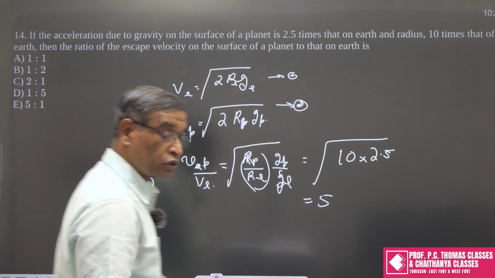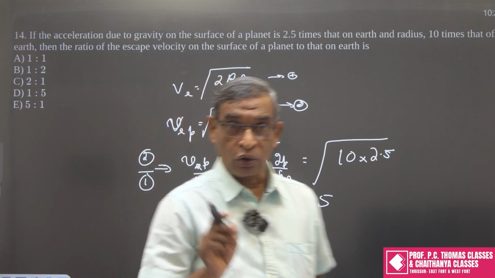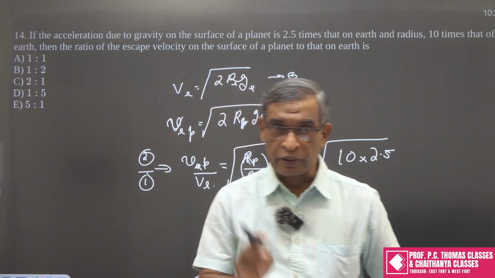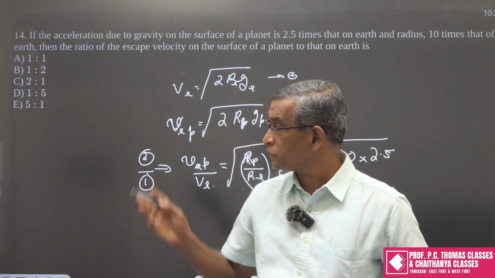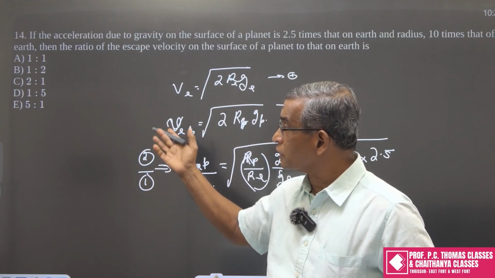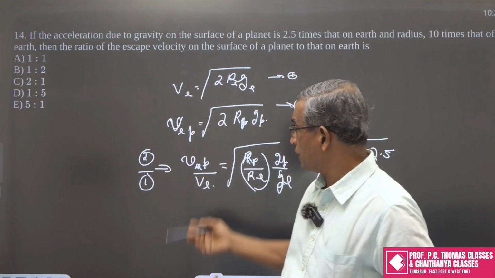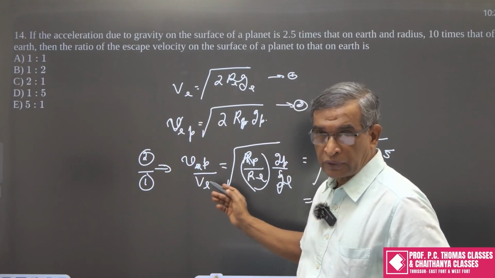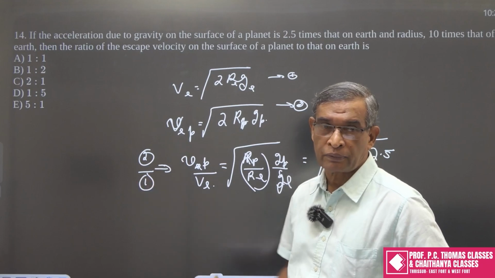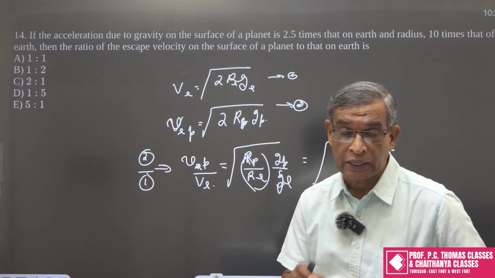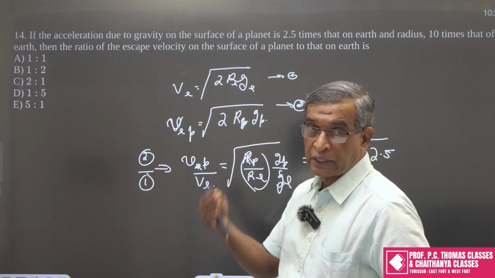One more thing you have to remember: the order of the ratio must be the same. If you have the order, 1:5 may be an answer option. Which ratio are they asking? Planet by Earth. If it is Earth by planet, the reverse ratio will be obtained. So be very careful which order they give.